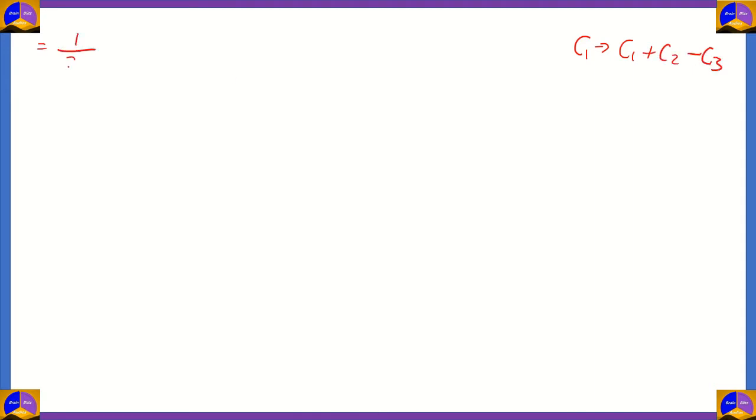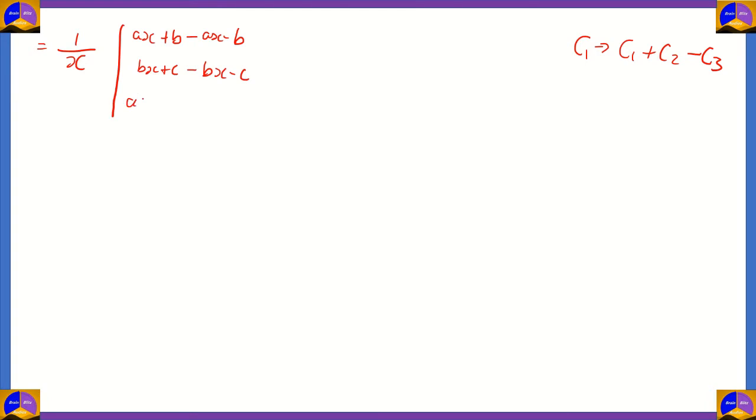So for this scenario, it'll be 1 by x times ax plus b minus ax minus b. And then you have bx plus c minus bx minus c.